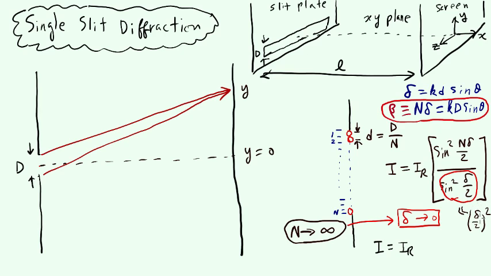Let me replace this delta with beta, because beta is the intrinsic parameter. So beta over 2 squared, and then the numerator is sine squared beta over 2. Because we replaced delta square with beta square, where beta is N delta, we need to multiply here N square.